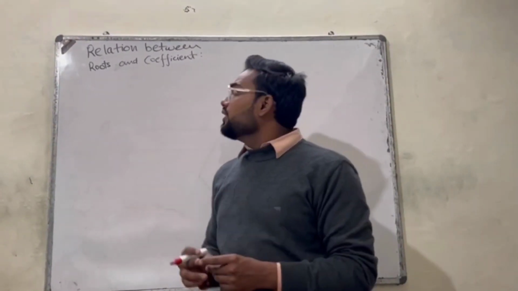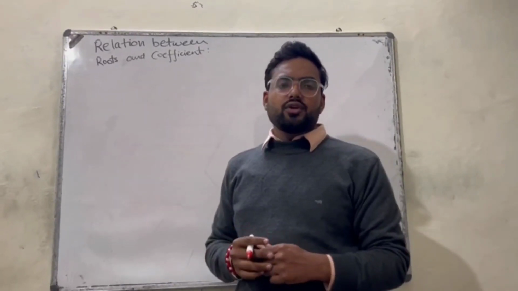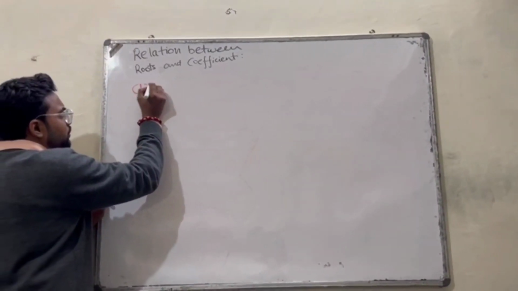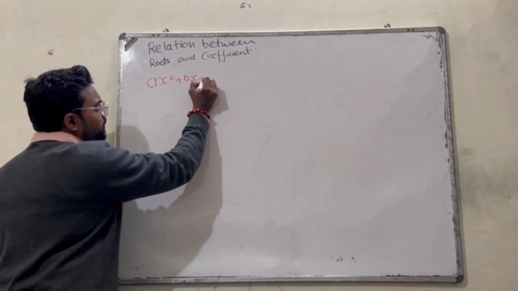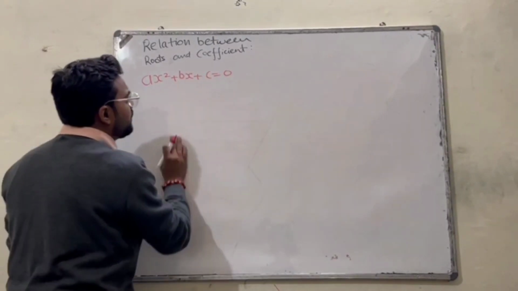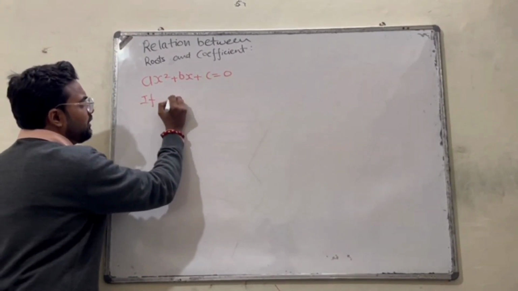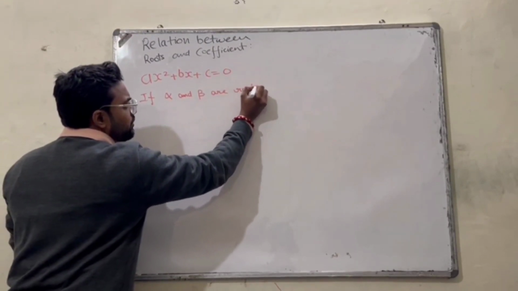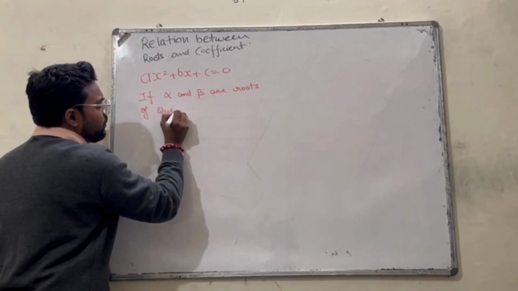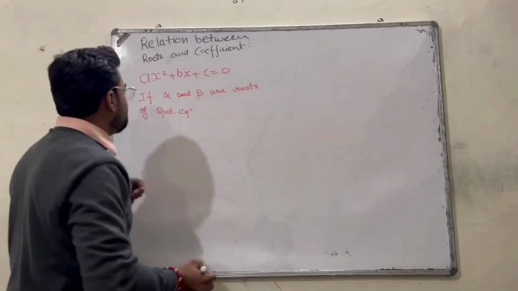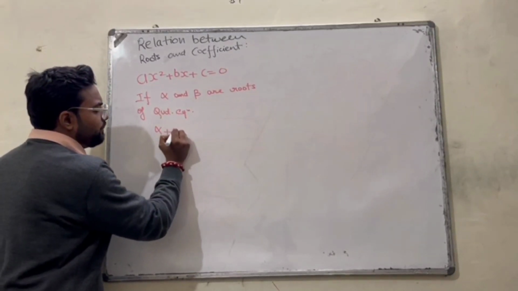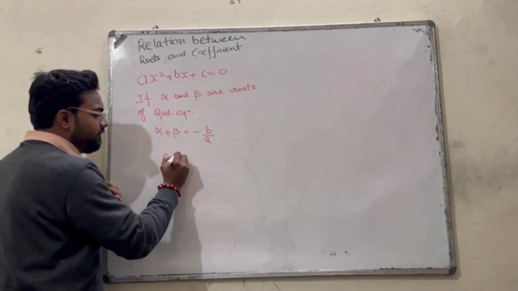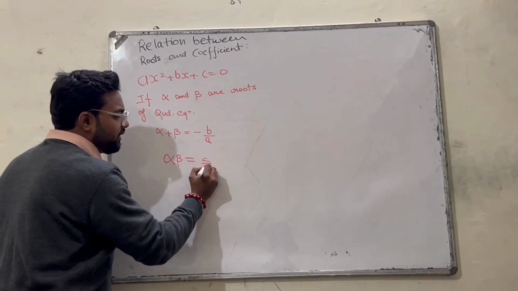So our next topic is relation between roots and the coefficients of a quadratic equation. Students, let our given quadratic equation be ax square plus bx plus c is equal to 0. If alpha and beta are roots of the quadratic equation, then alpha plus beta is equal to minus b by a, and alpha into beta is equal to c by a.